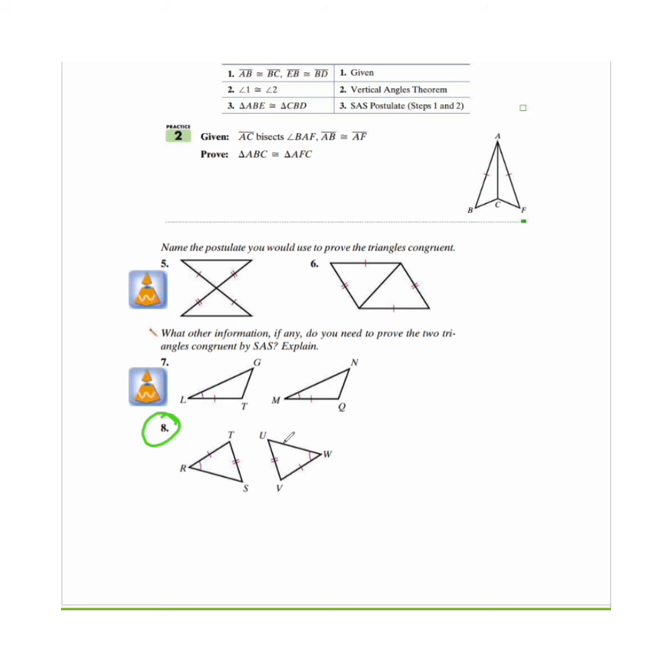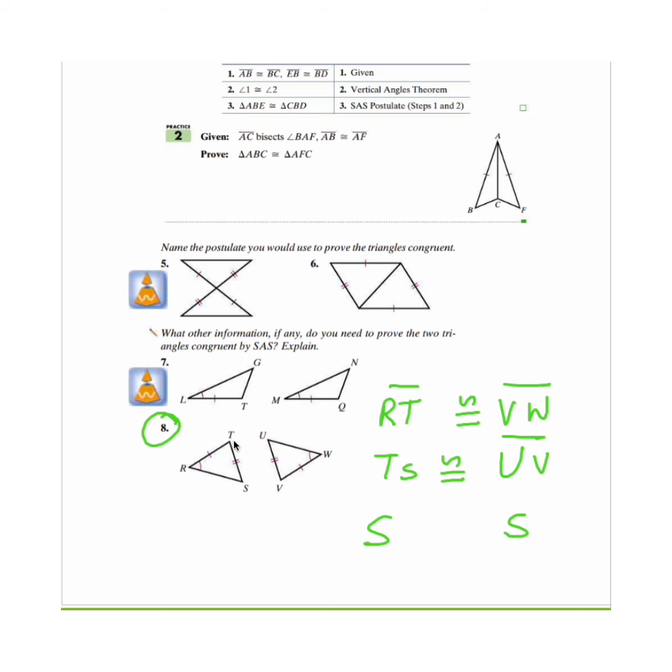All right, practice 8. We have been given RT is congruent to VW and TS is congruent to UV. So to use SAS, I have two sides which have been given congruent.